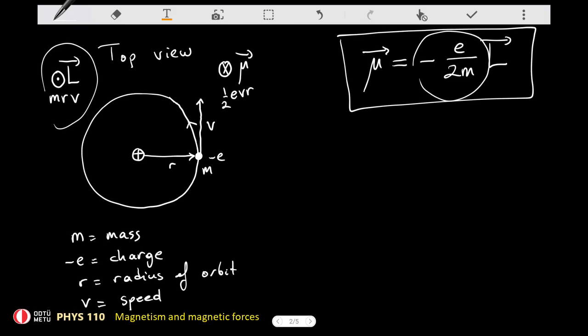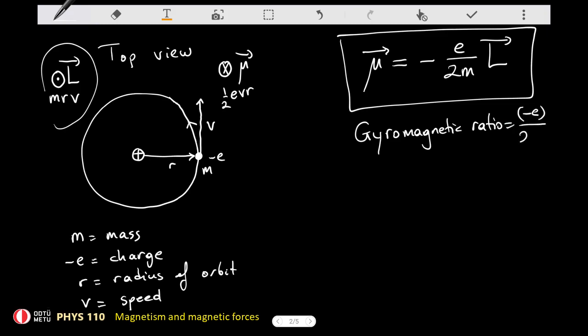So that magical ratio in here appears also in here. What is nice in here is that this ratio is the same for all electrons. So that's called the gyromagnetic ratio. That's equal to, basically this is the charge of the electron, which is minus e divided by 2 times the mass.